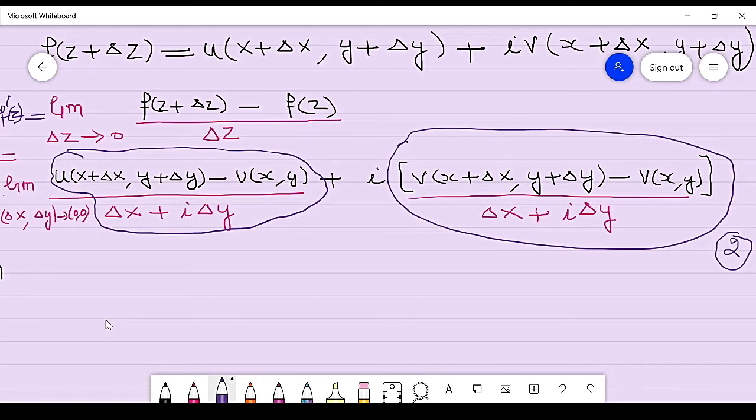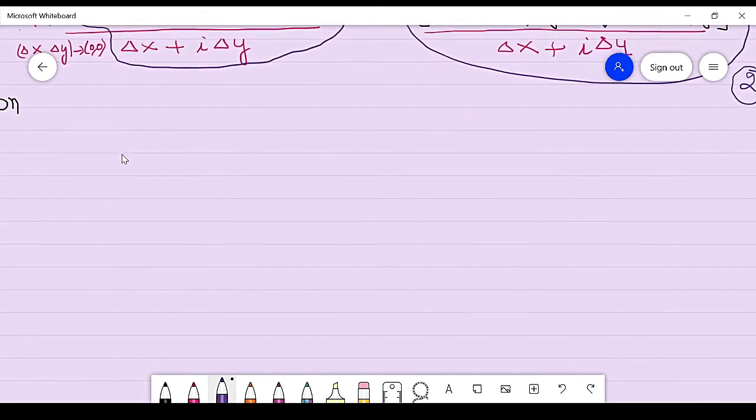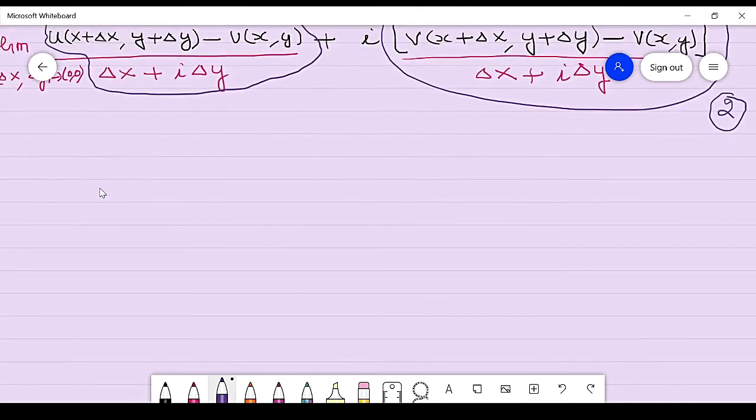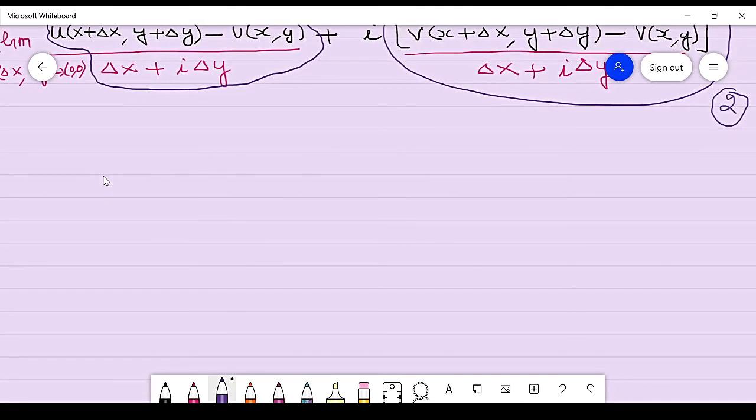Now I take two paths which are very common to everyone: one is the x-axis and the second is the y-axis. First I find the value along the x-axis. The x-axis means y is 0, so delta y is equal to 0.